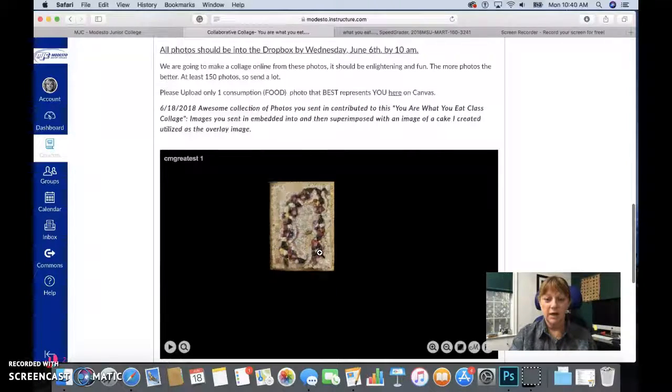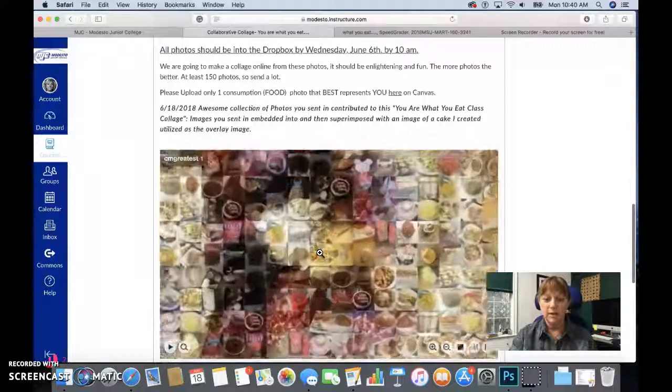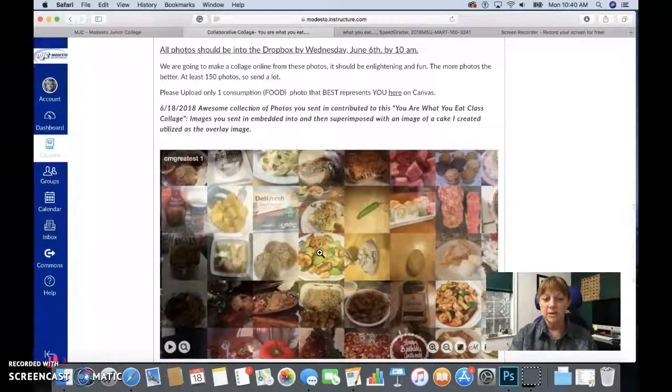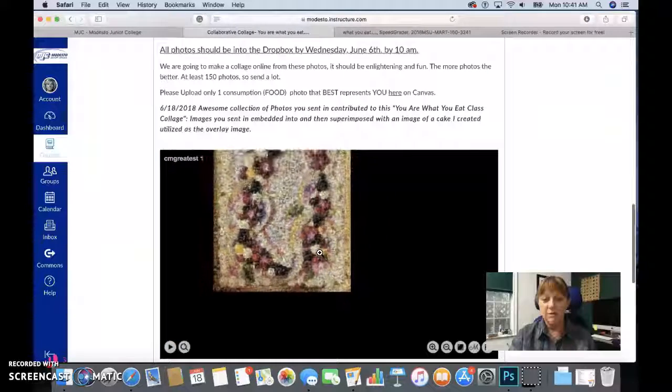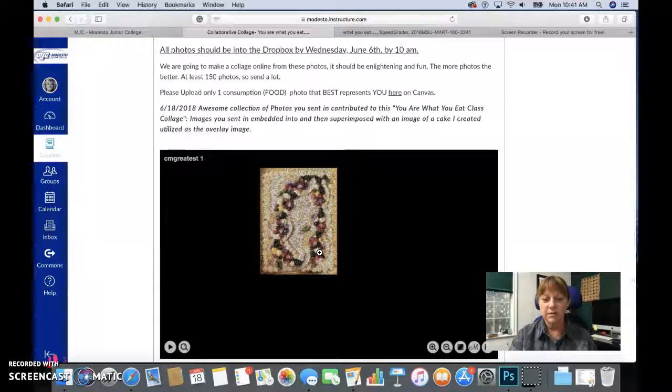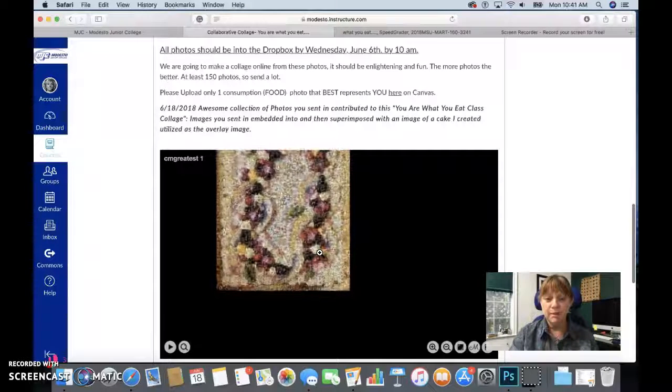So you can take a look at that, and you can zoom in and see maybe some things that you contributed to that whole image. This is a cake that I created myself, and I used it as the base image so that I was looking for something really colorful that would include all of your images. So it's kind of fun.